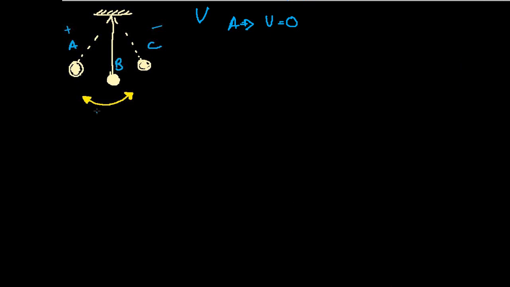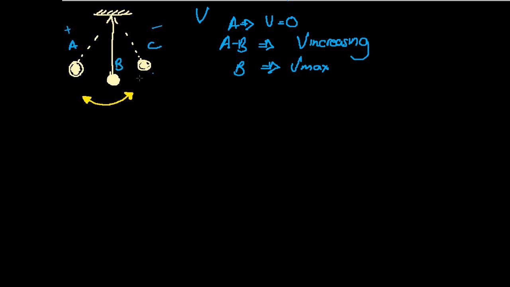So from A to B, velocity is increasing. And at B, this would be its maximum velocity, so V max.